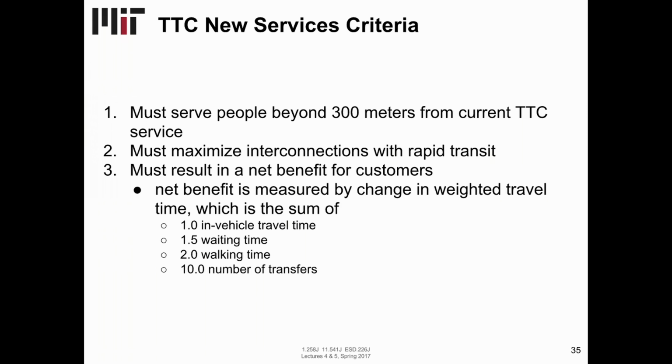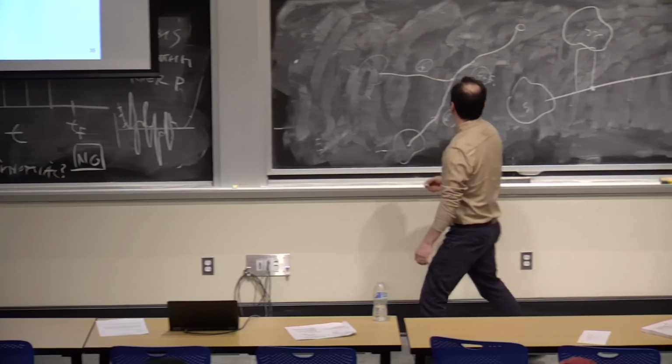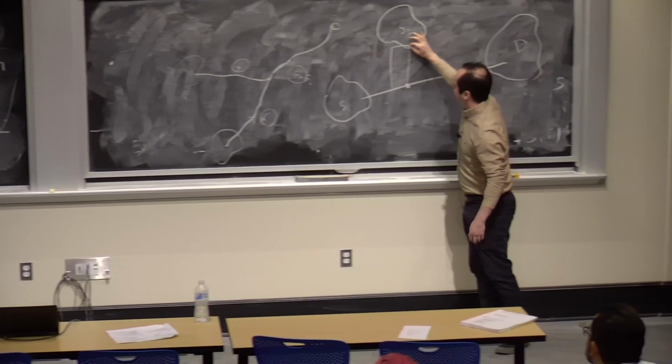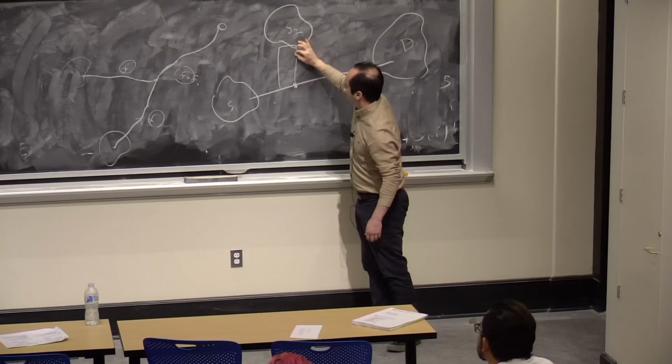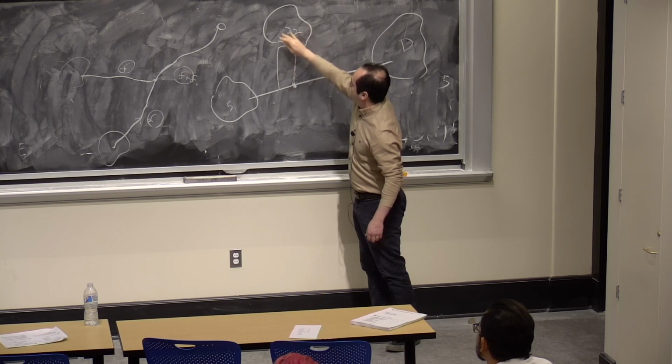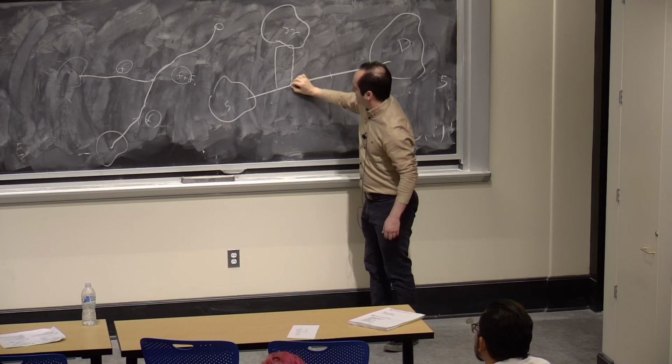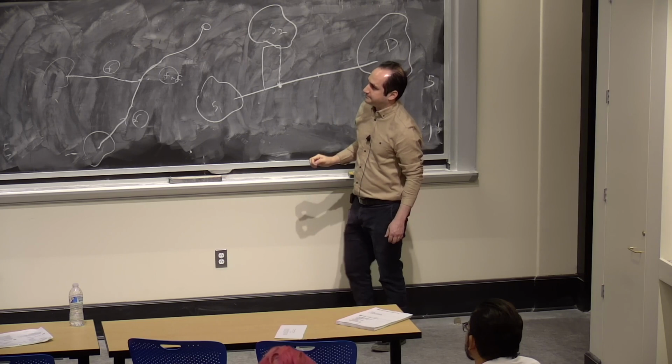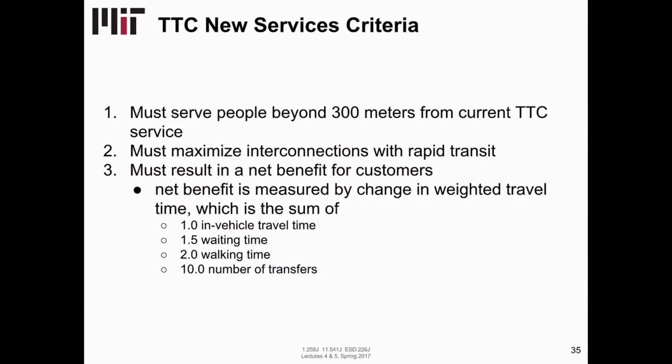For every minute of walking time, you consider 2 minutes of in-vehicle time. That's the case, for example, when you want to measure the cost of walking from this area to the stop. And then the cost of each transfer is considered to be equivalent to 10 minutes.